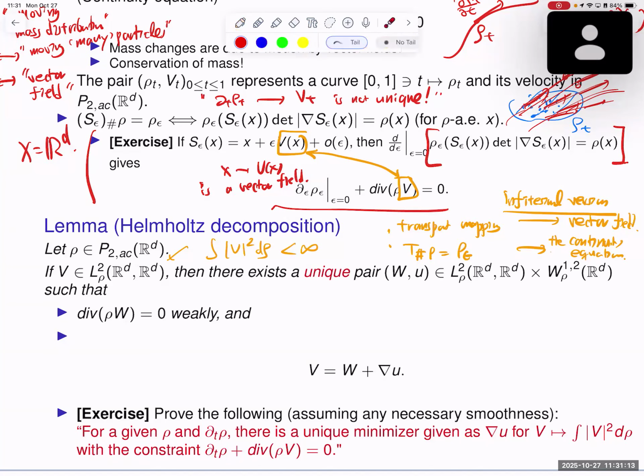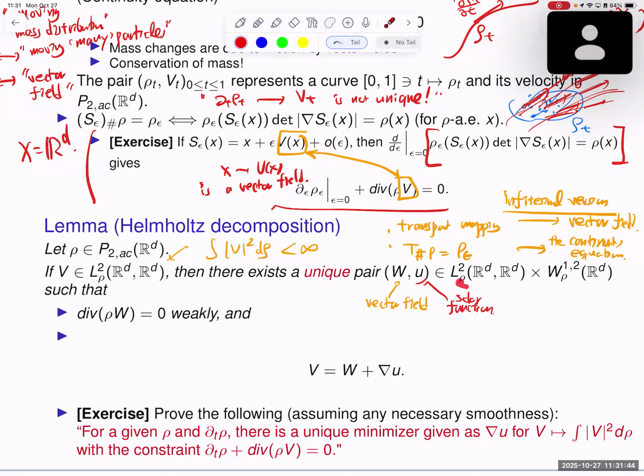Given such an L2 vector field, the claim of the Helmholtz decomposition is that there is a unique pair: W, which is a vector field, and u, which is a scalar function.